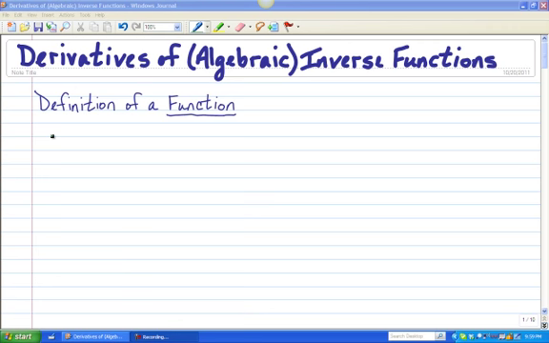So we're going to start out with a review of some things that hopefully sound familiar to you from Algebra 2. Basically a review of inverse functions, starting off with the definition of a function.